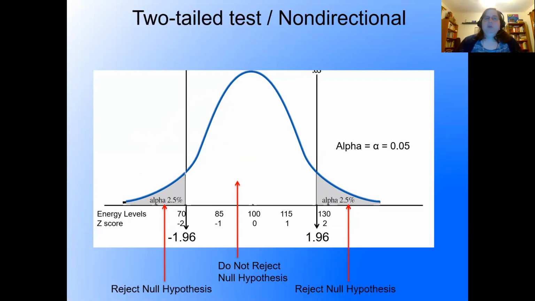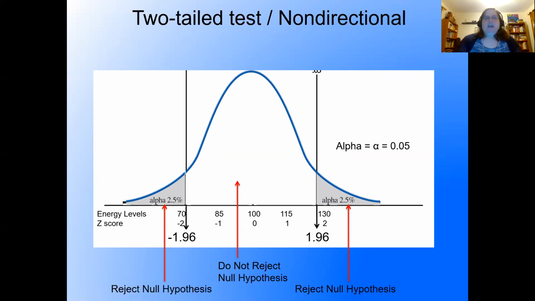And the way you'll know whether it's a one-tailed or two-tailed test when you're reading a word problem, let's say, is if you see a directional hypothesis, such as higher or lower or greater or smaller or anything like that, versus something saying that it's going to be different, but we're not specifying the direction. It's going to be different, it's going to be associated, something like that without specifying the direction.